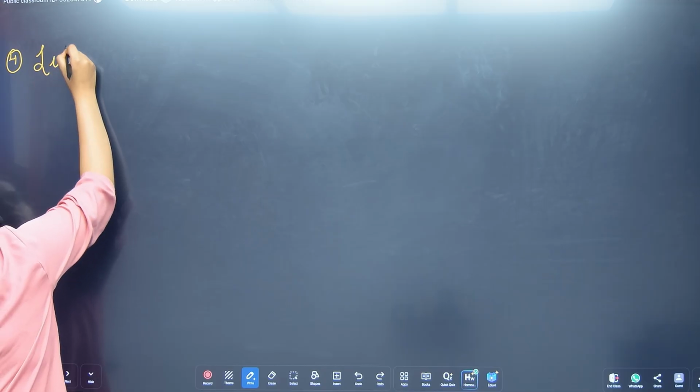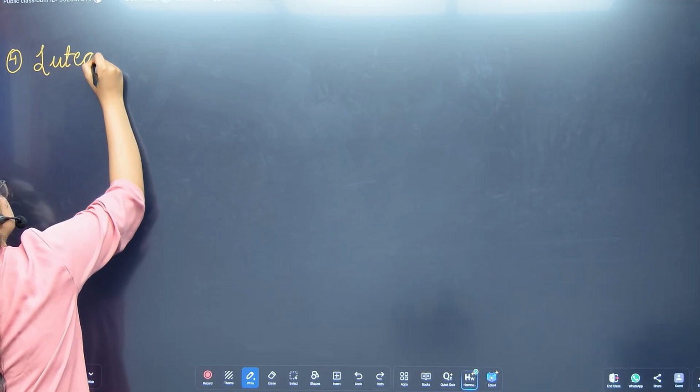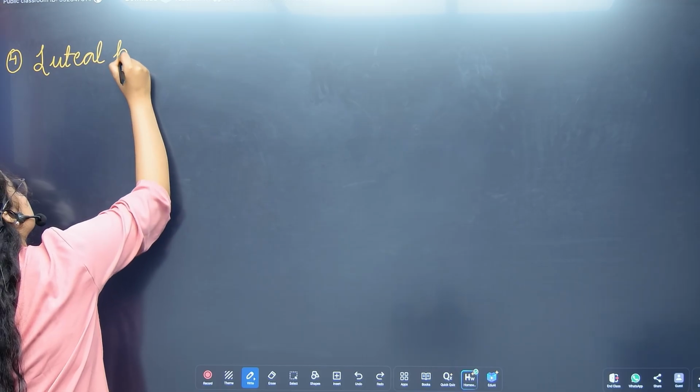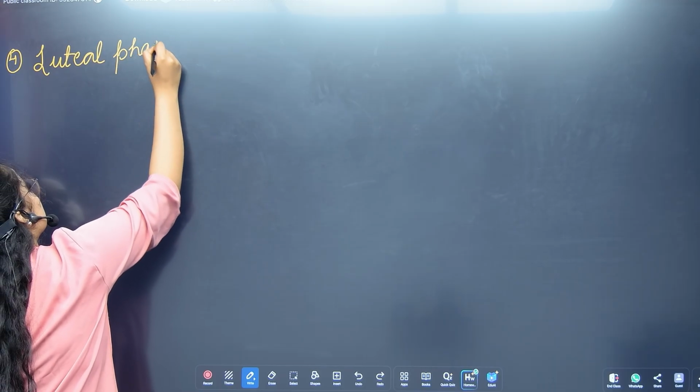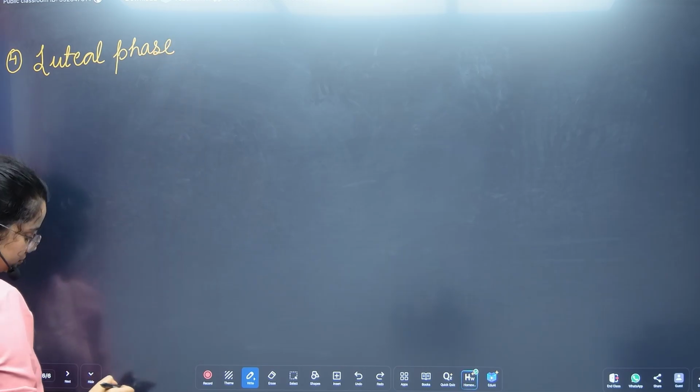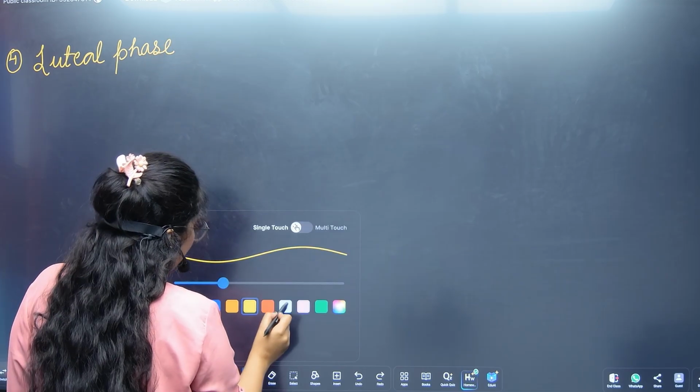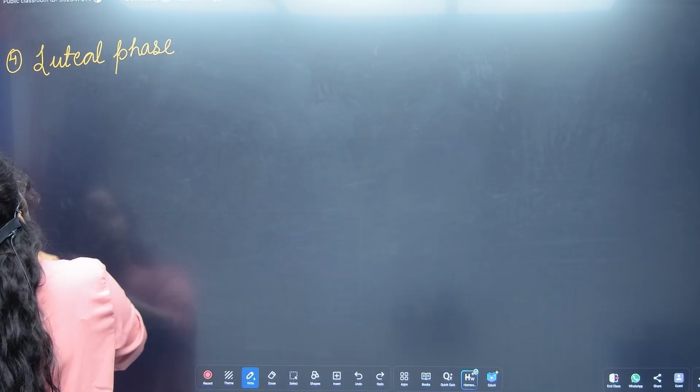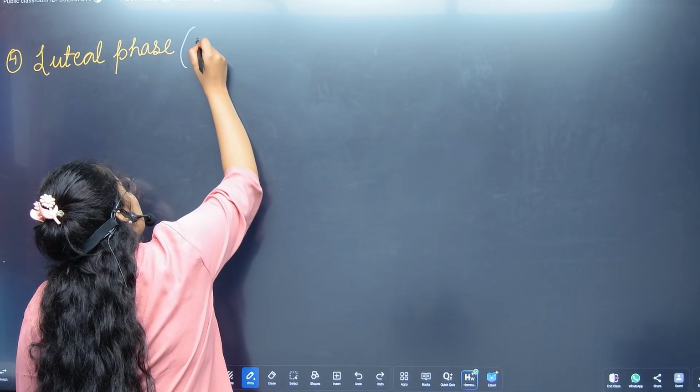Now, the last phase is the luteal phase. This phase is called the secretory phase.